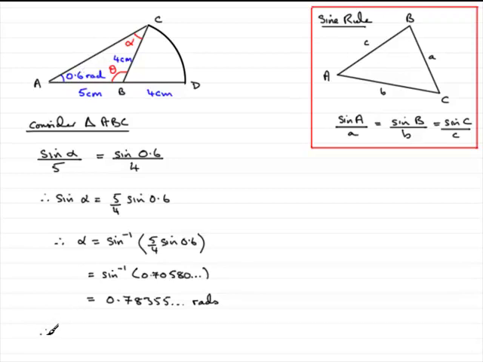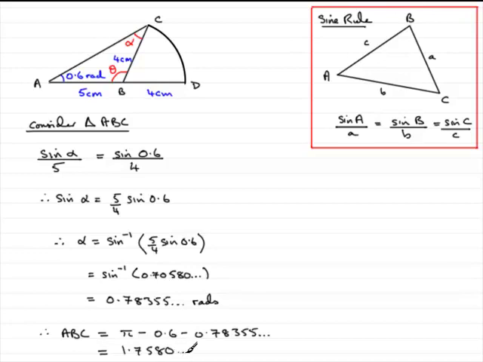So therefore what we've got is that angle ABC, which is the theta, is going to equal pi radians minus the 0.6 radians minus this angle here, 0.78355 and so on.